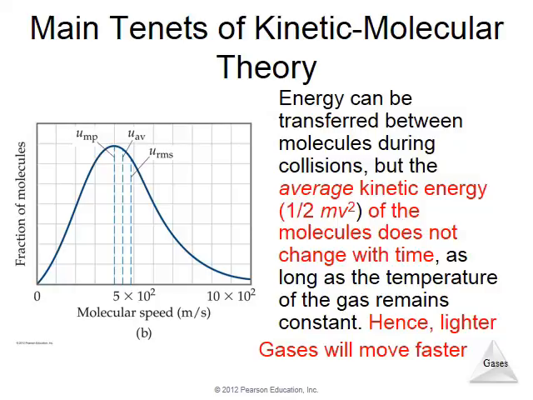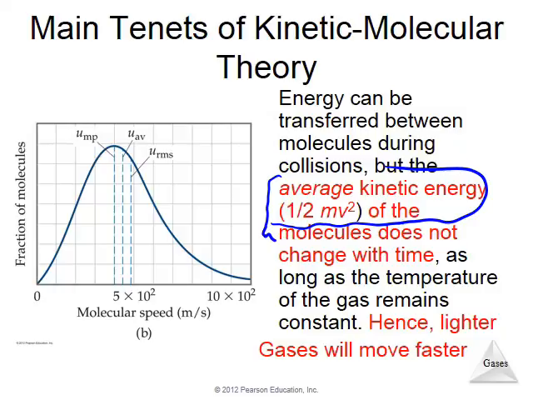One thing I'd like to point out is energy. Energies are transferred between gas molecules during collisions. Even though that kind of transfer can happen, the average kinetic energy still will be half mv squared, where v is the velocity. That only depends upon temperature and doesn't change with time, the average value.